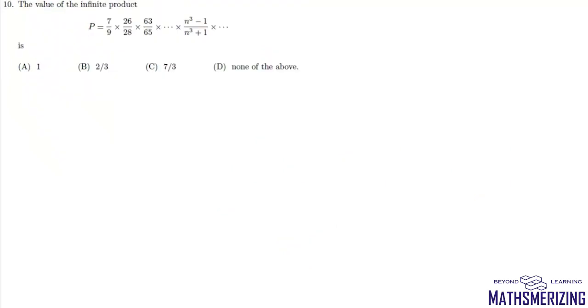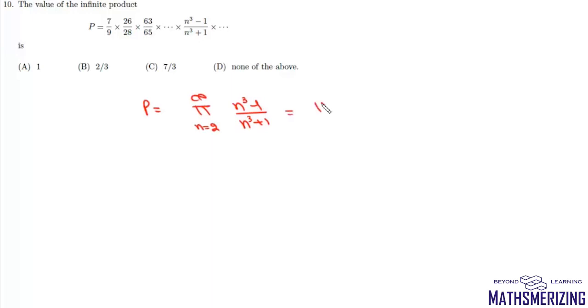Now question number 10 is: we need to find the value of this infinite product, which is 7 upon 9 into 26 upon 28 into 63 upon 65, and it is of the form (n cube minus 1) upon (n cube plus 1). So we can write this P as the product of (n cube minus 1) upon (n cube plus 1), where the value of n varies from 2 to infinity.